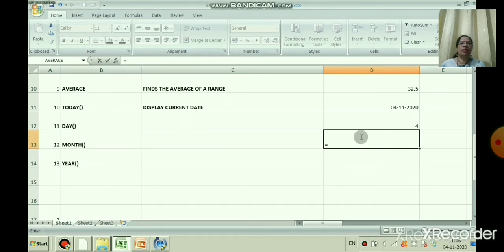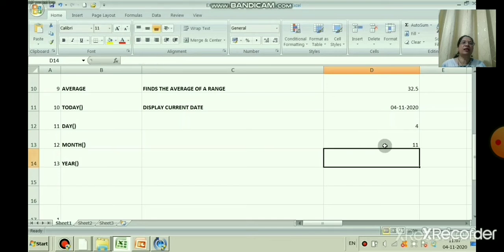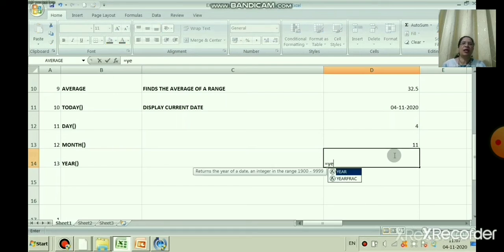Is equal to MONTH, that is the function, but I want to find today's month, the current month. So again I will write TODAY, then two brackets, that is 11, that is November, right. The same thing, year. Again I will write is equal to YEAR, and in the bracket I will write again TODAY.